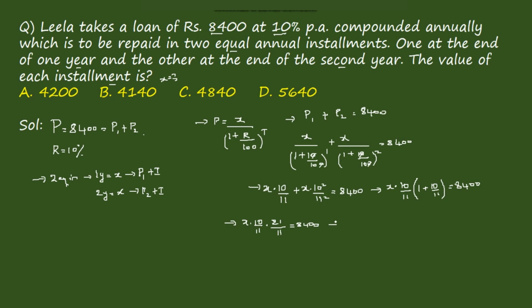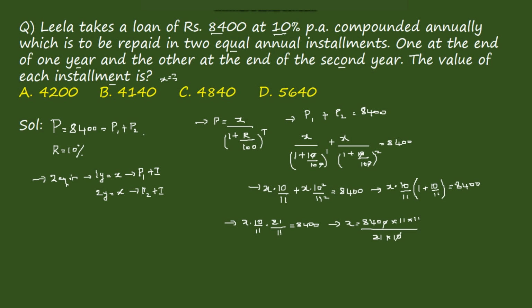Then we have to find the value of x. Then x is equal to 8400 into 11 into 11 by 21 into 10. The 00s get cancelled.